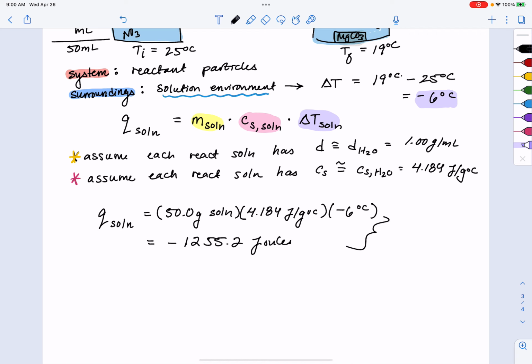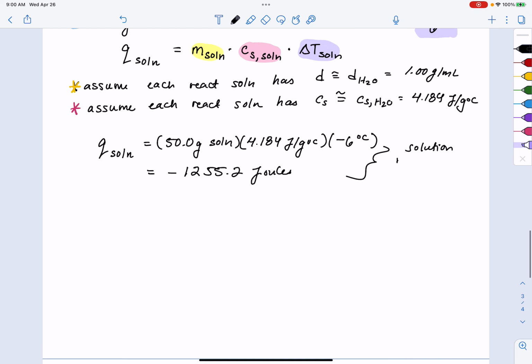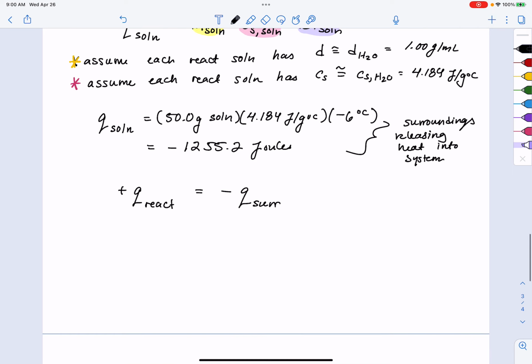So let's think about what this is saying. This is saying that the solution, aka the surroundings, are releasing heat into the system of reactant particles, meaning that our reactant particles are absorbing all of the heat that was released by our solution that is surrounding us.